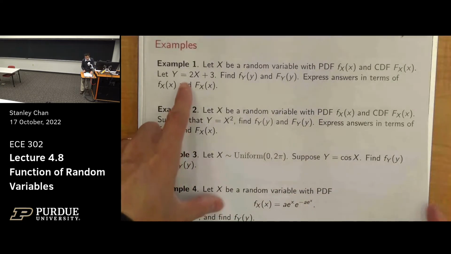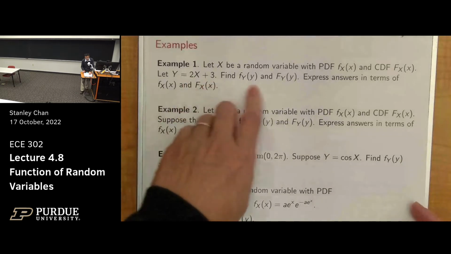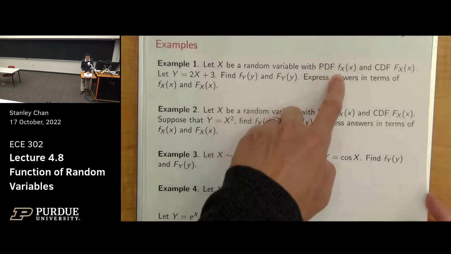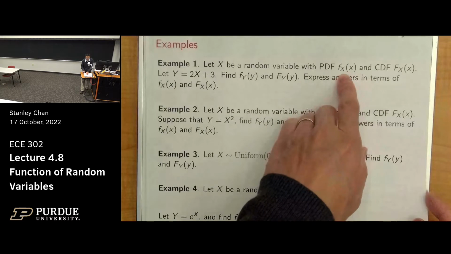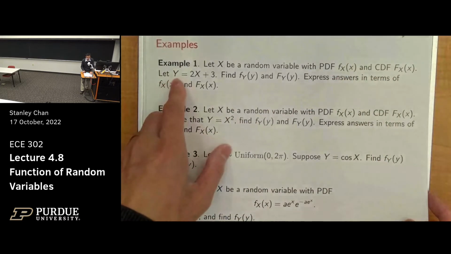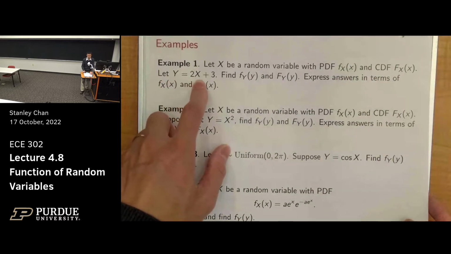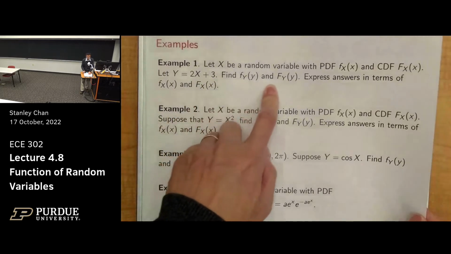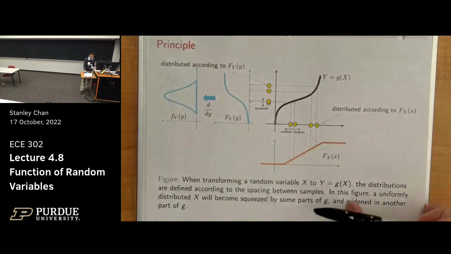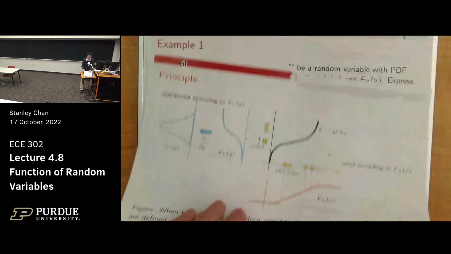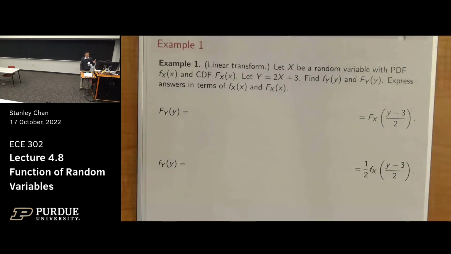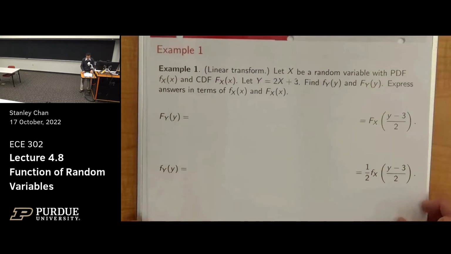So without further ado, let's look at the first problem, where you know the PDF and CDF of a random variable X, and the transformation is a linear transformation. I will come back to this principle diagram later on. So let's just go straight into this problem.